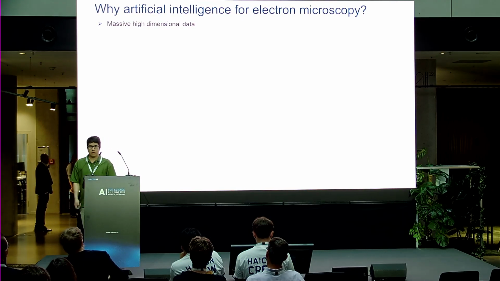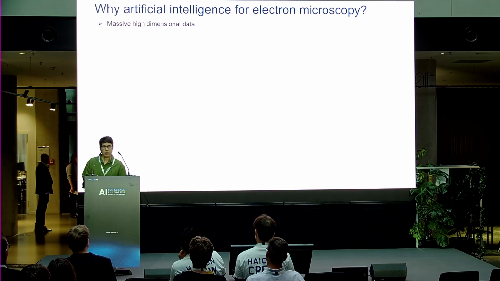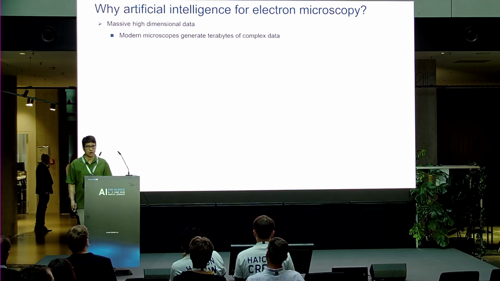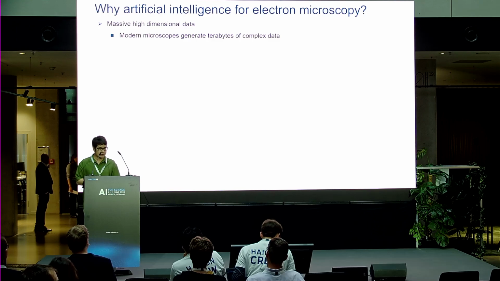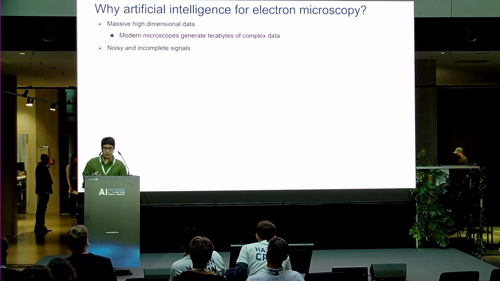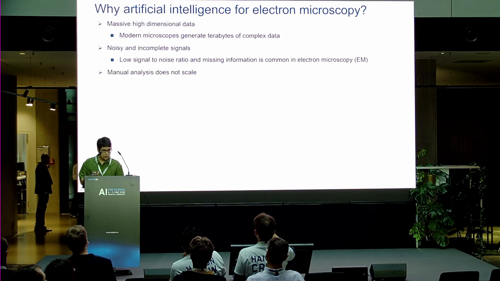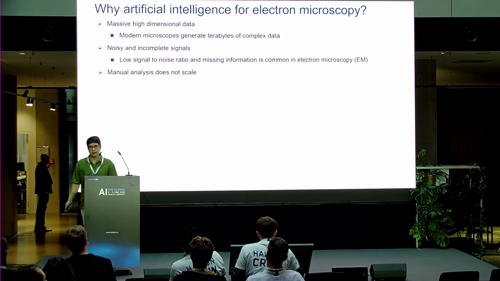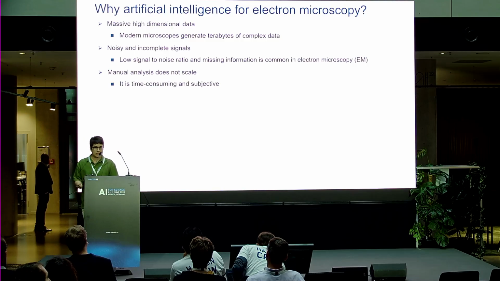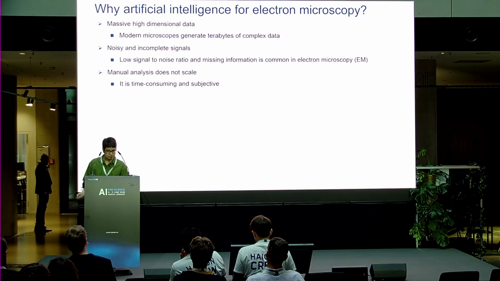The motivation for why we need AI for electron microscopy is that we have lots of high-dimensional data because modern microscopes generate terabytes of complex data at a very fast pace. They are noisy and incomplete signals, and missing information is very common in electron microscopy. And to scale, manual analysis is not possible because it's very subjective and time-consuming.